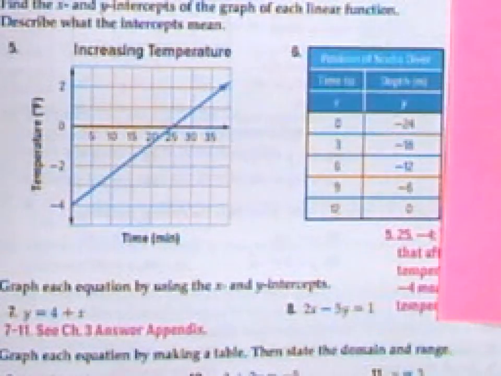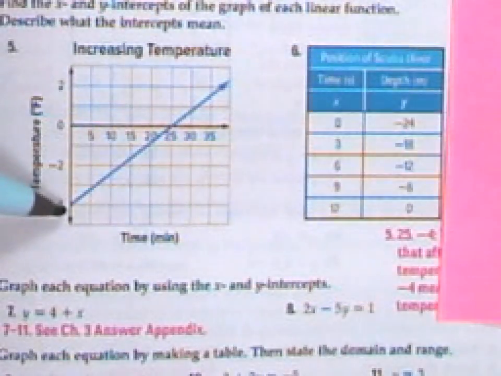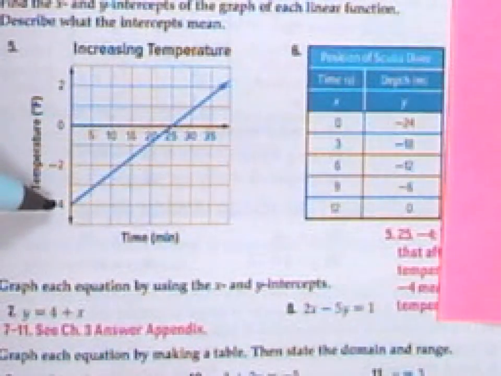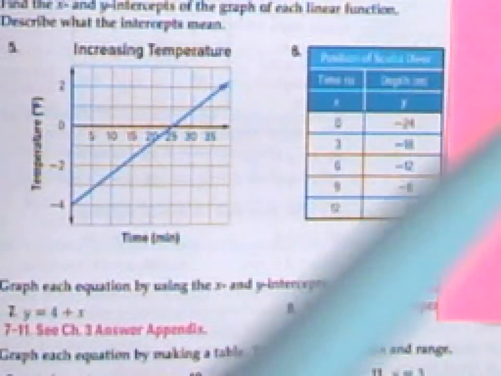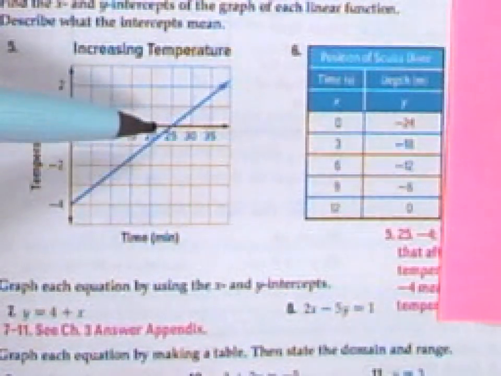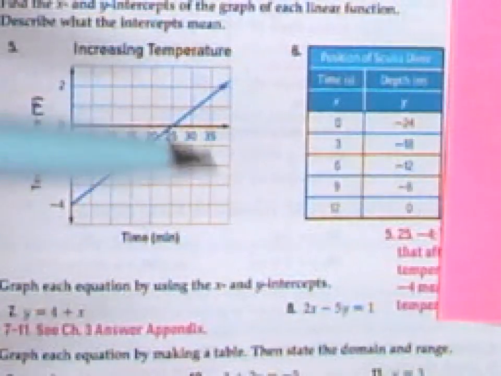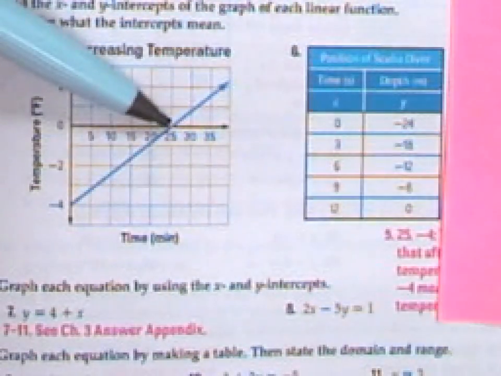Because you can't just say, oh, y means temperature. You have to describe, my y-intercept is -4. So that means after, go ahead, Ty. You just mixed 2 intercepts together. The statement was correct, the numbers were wrong together. 25 minutes, what was my degrees?